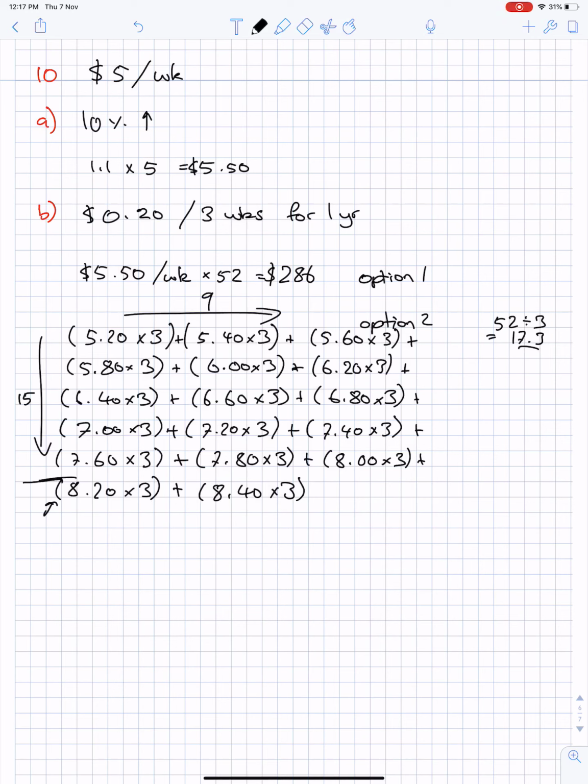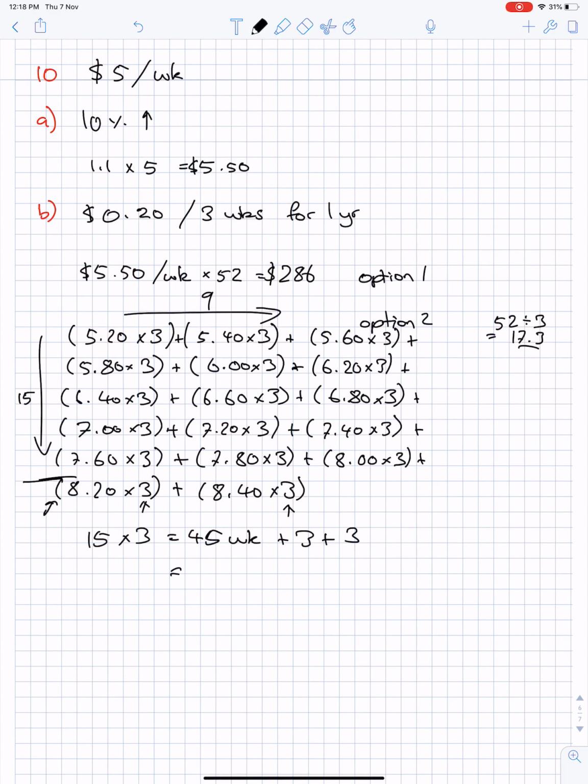So 1, 2, 3, 4, 5, 6, 7, 8, 9, 10, 11, 12, 13, 14, 15. 15 times 3. We have 45 weeks so far, and then plus 3 from these two. So 45 plus 6 is 51, so we only need 1 more week for it to be 52 weeks.